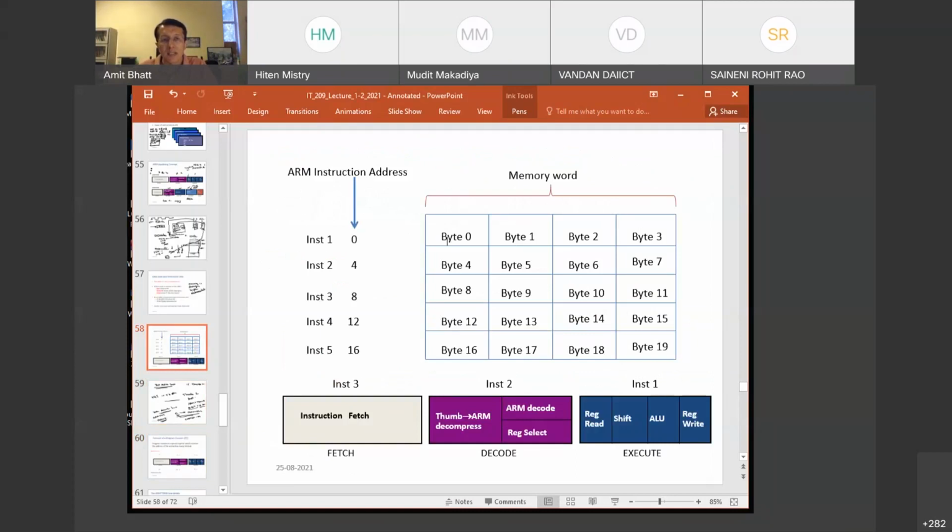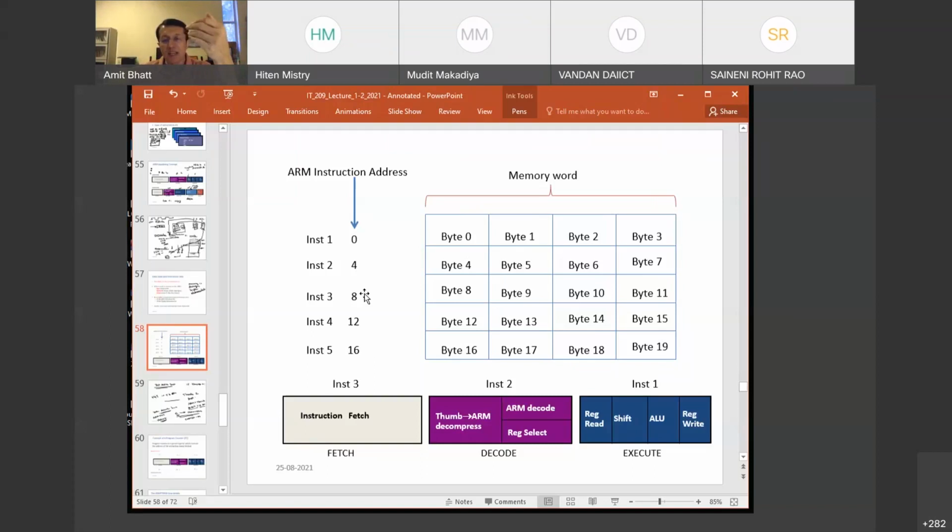So the first instruction would be at 0, the second one at 8. And the total number of instructions can vary from version to version of the ARM machine. Yes, sure. You can use an ARM version 4 instruction in the latest processor, which is complying to ARM version 9.